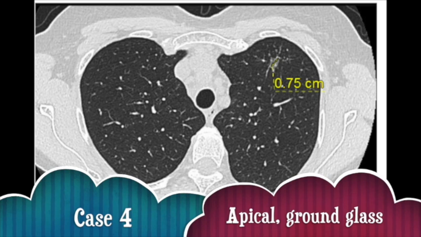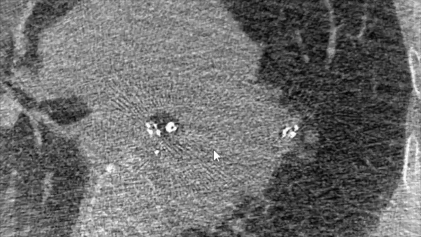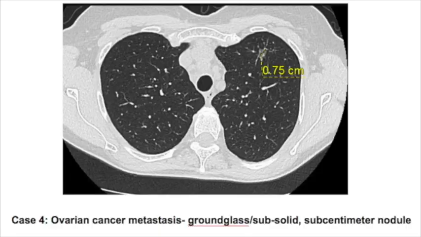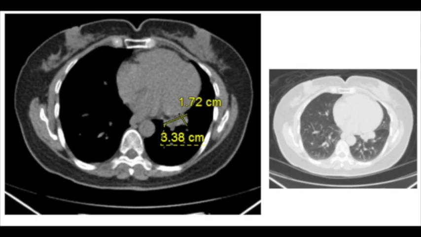The next example is an apical ground glass nodule, which is only 0.75 centimeter, and as you know, this nodule will not show on the radial EBUS, but we were able to get a needle in this nodule using robotic bronchoscopy with CT cone beam confirmation. The result of this nodule is actually ovarian cancer metastasis.